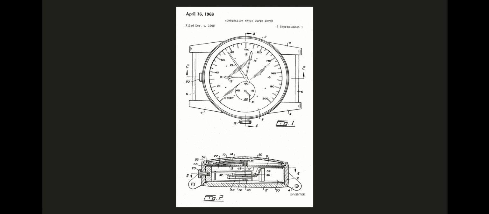There's a front view and a side view. And all those different numbers correspond to like a key that would illustrate the different features. Now this one's really complex. It is an actual patent that was filed in 1965. But you could do something easily like this that highlights a couple of the key features of your solution.